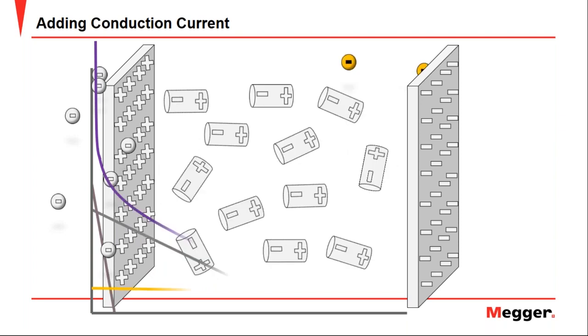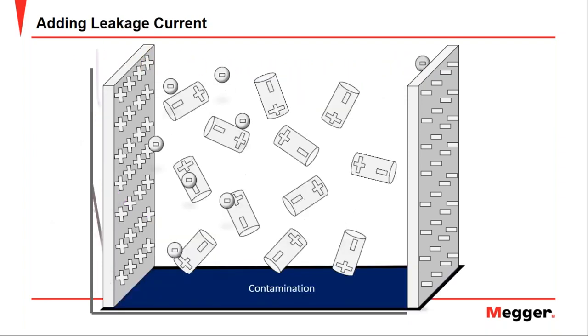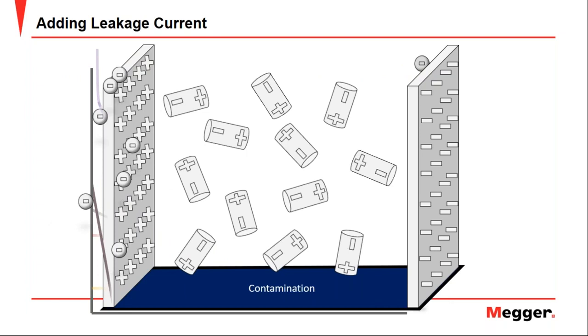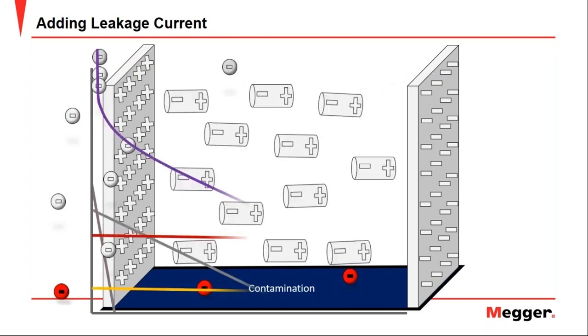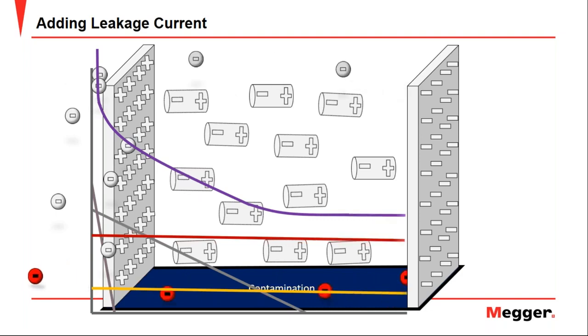Now, let's add the conduction current. This current is constant, but very small. So it will add a very small value to the total, as we can see in the animation. And finally, we can add the last current, the leakage current, which, as we know, is the current that will circulate through the contamination and/or the degraded insulation.